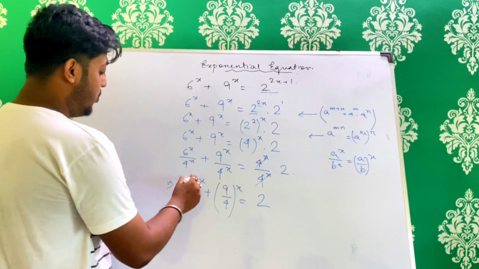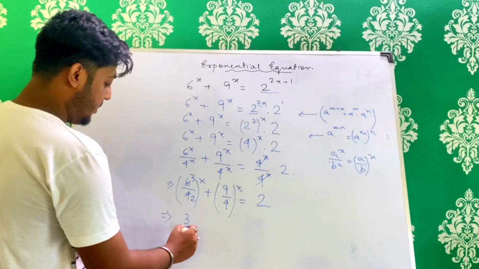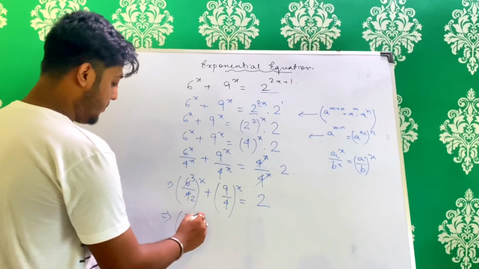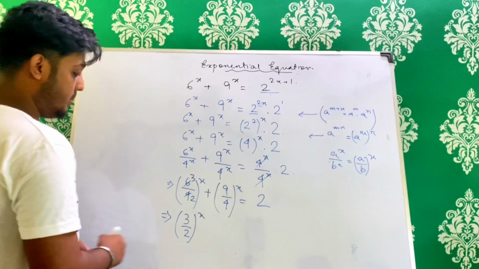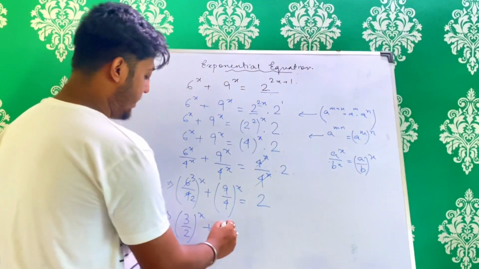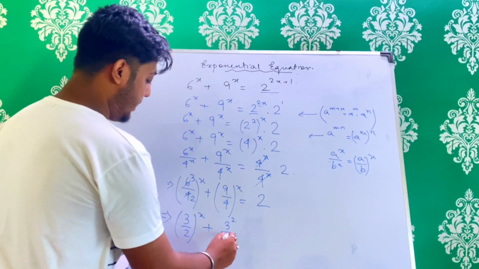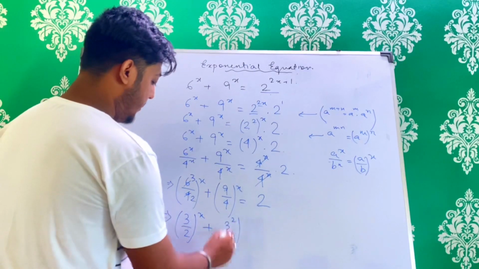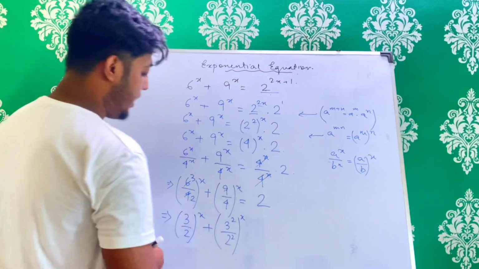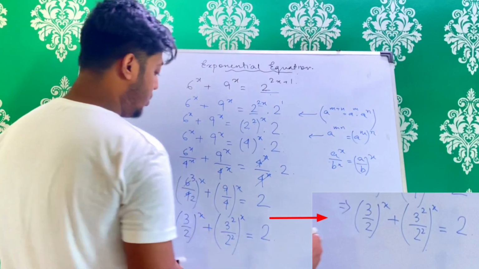Now let's convert it into lowest terms. So divide by 2, we are getting 3 by 2 whole to the power x plus, this 9 we can write as 3 square and 4 we can write as 2 square, and then whole to the power x, which is equal to 2.